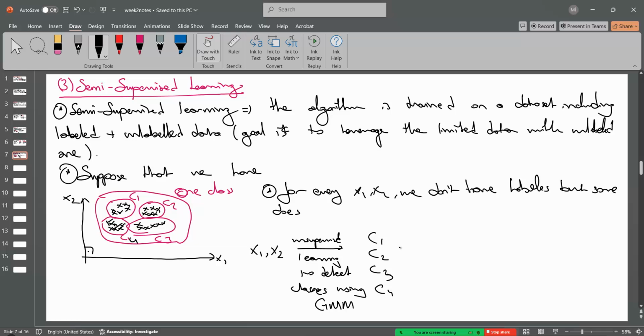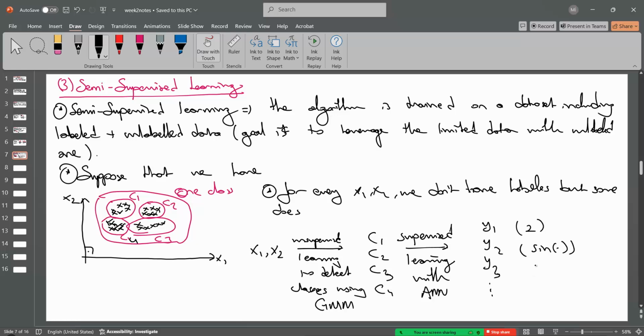After that we can feed this data into the ANN, supervised learning with an artificial neural network, and generate y1, y2, y3. For example, y1 is sine, y2 is cosine, or 5. This is our output, but we don't know the classes C1, C2, C3, C4. These are the hidden variables.